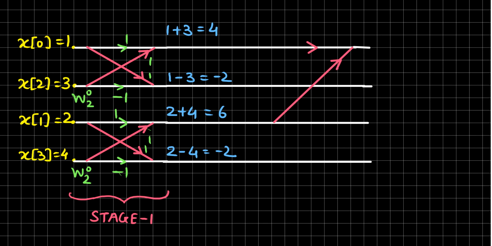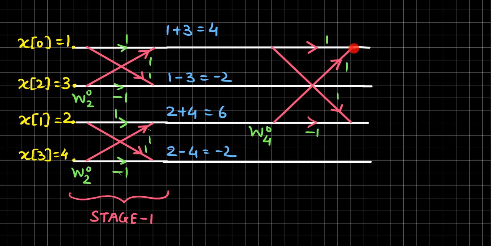Similarly, this point here can again be found using x of 0 and x of 1. So this x of 1 is here as it is, and then we need to consider this point here, and we know that the scaling factors would be 1, 1, 1 and minus 1 in this butterfly structure, and the twiddle factor here would be W4 to the power 0.